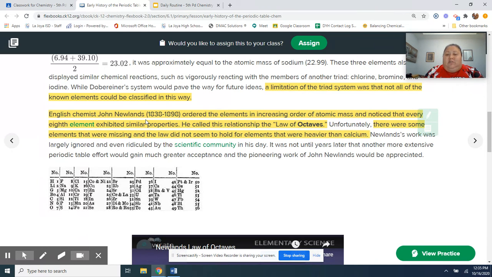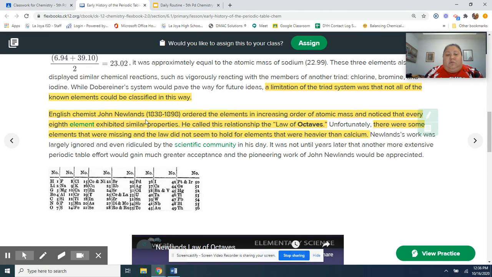So he called it the law of octaves. And right now, it doesn't explain why it's the law of octaves, but in the video later, you'll see why he chose that name. Unfortunately, there were some elements that were missing, and the law would not hold. It wouldn't work for elements that were heavier than calcium.